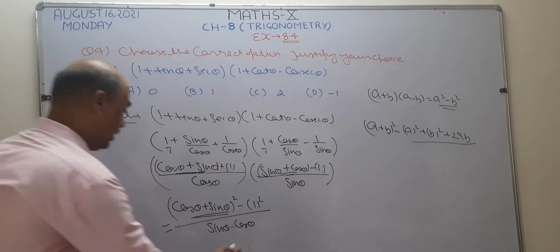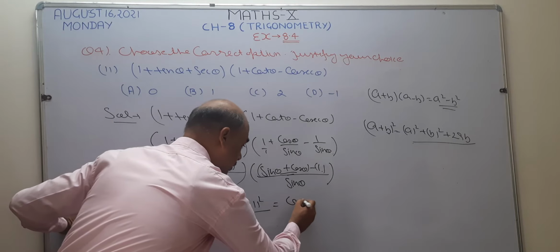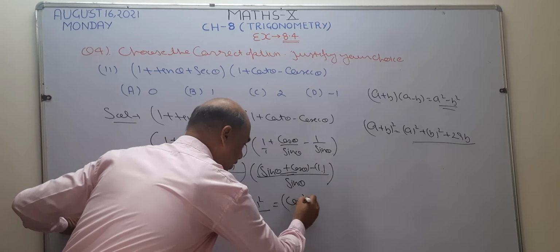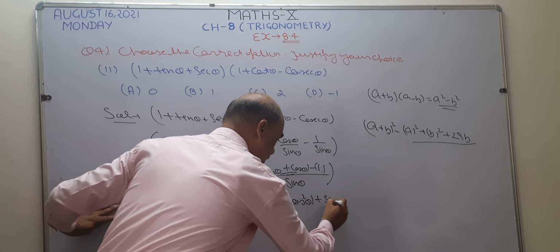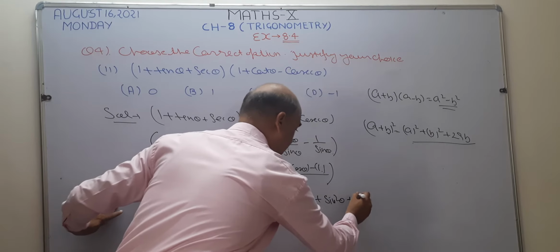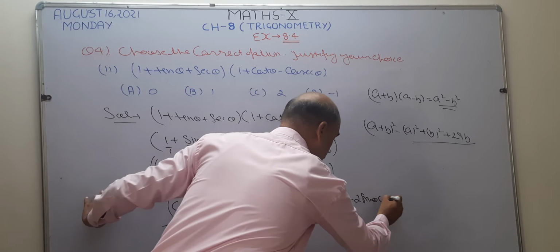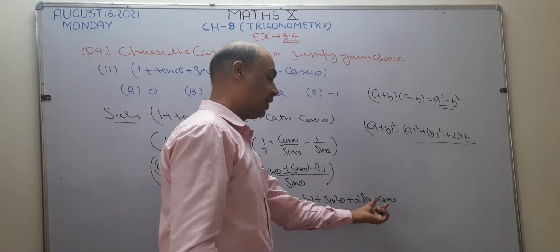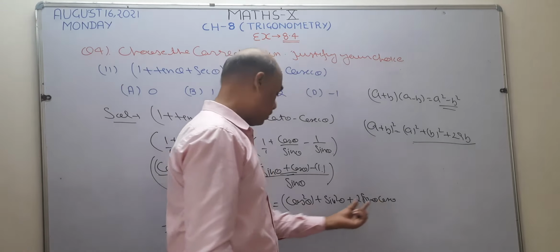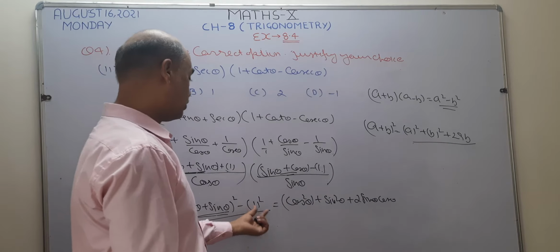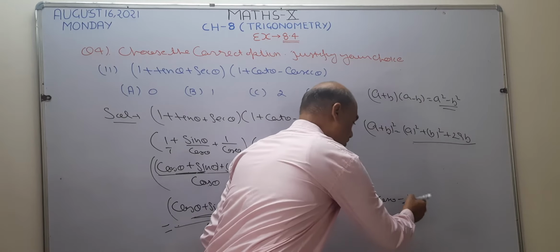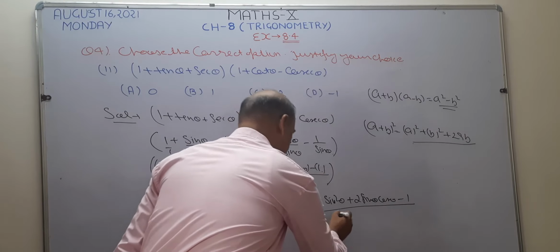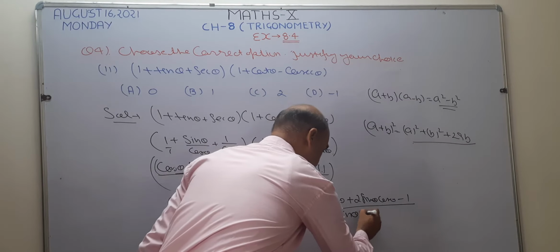So what do I write here? Cos square theta plus sin square theta plus 2 sin theta cos theta. This is your A square, this is your B square and plus 2AB. After that, minus 1 square, so minus 1. The denominator part is going to remain the same.